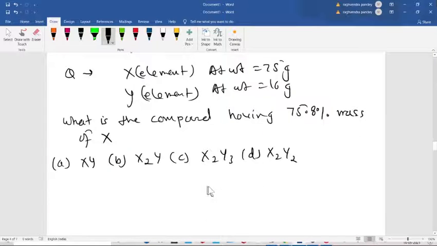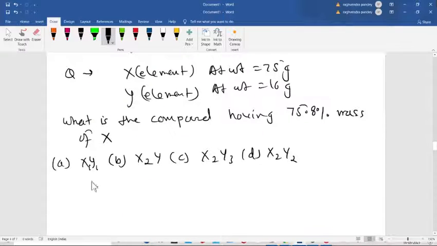So they have told you the answer, so now it is not a question anymore. But you see that 75 and 16. Out of these, you have to tell which one will give 75% mass of the X out of total. So either you can solve from the options or you can just directly solve it. Suppose I am solving from the options: XY, X2Y, X2Y3 and X2Y2.